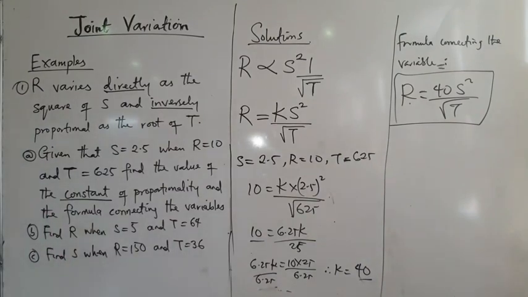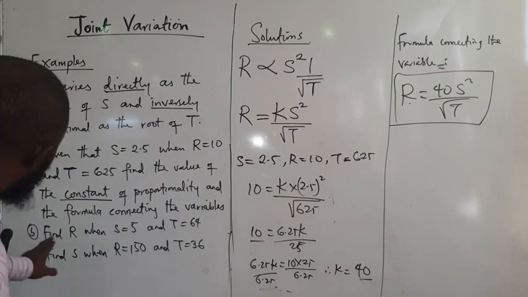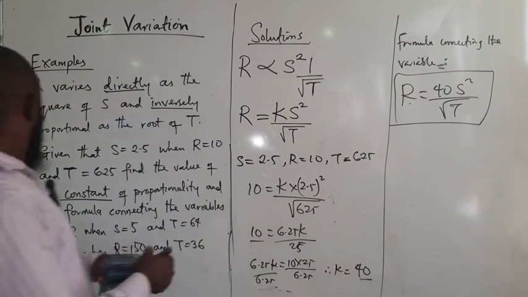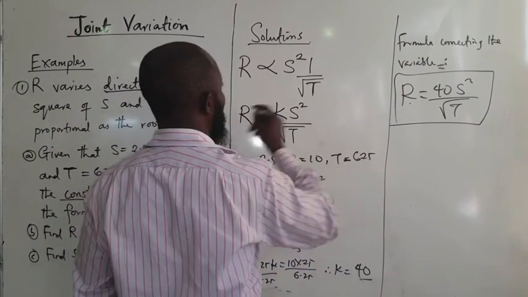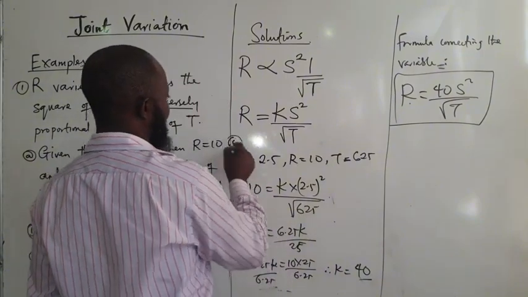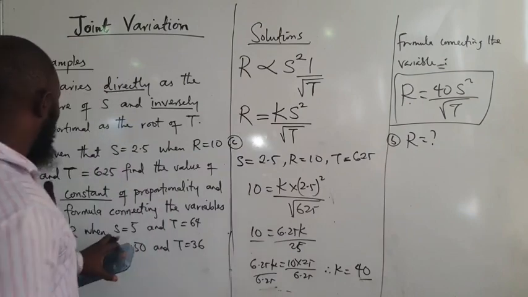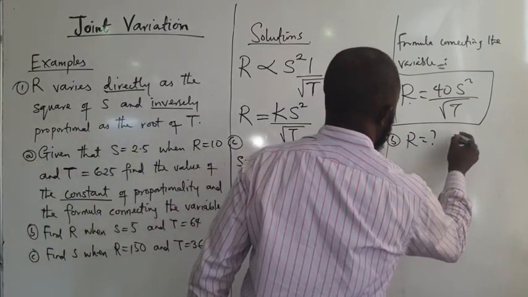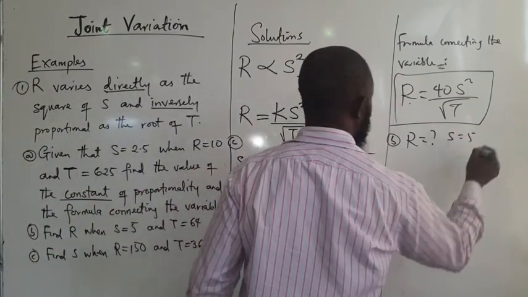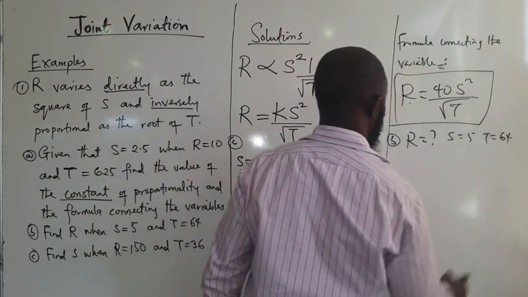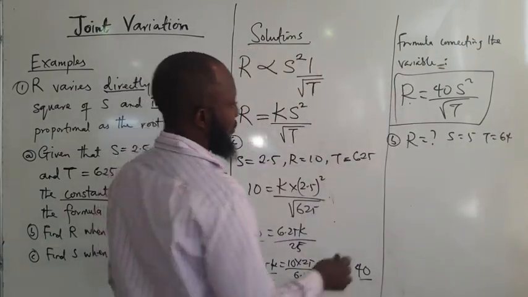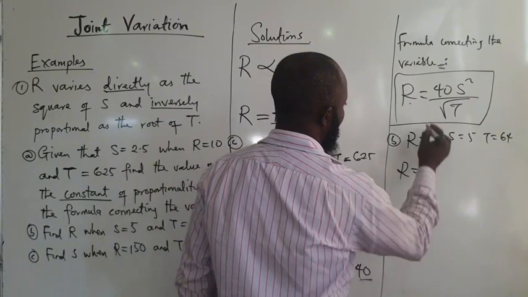All right, the next is part B: find R when S is 5 and T equals 64. We make use of this formula. R is what we're looking for.